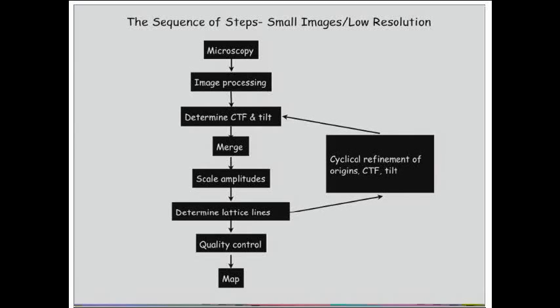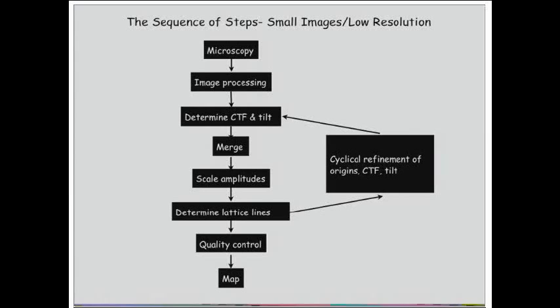So basically treat the image as an image of effectively an untilted crystal. Then we determine the contrast transfer function, but then we need to determine the tilt because we need to be able to work out what those Z star values are for each of the spots that we've measured.